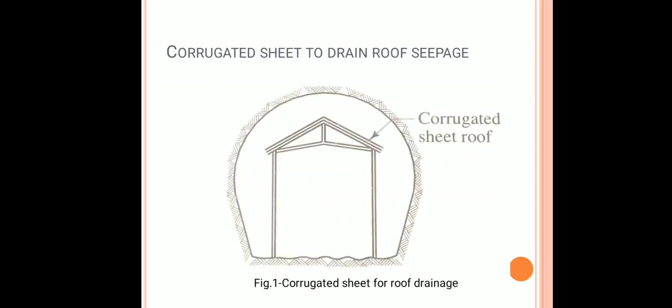Here we can see corrugated sheets are provided to drain roof seepage.